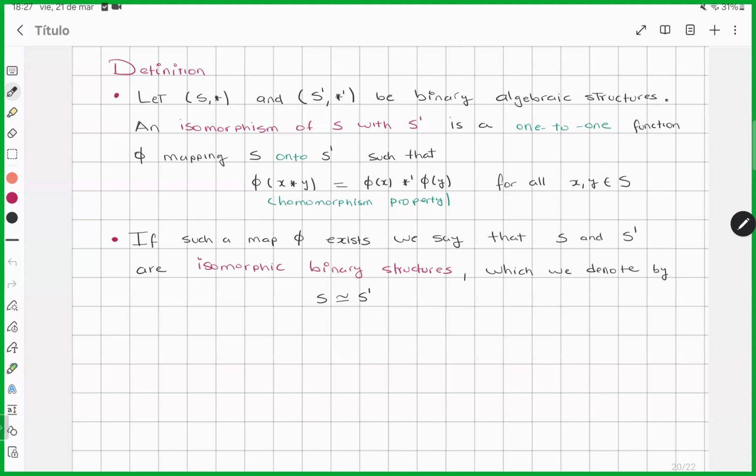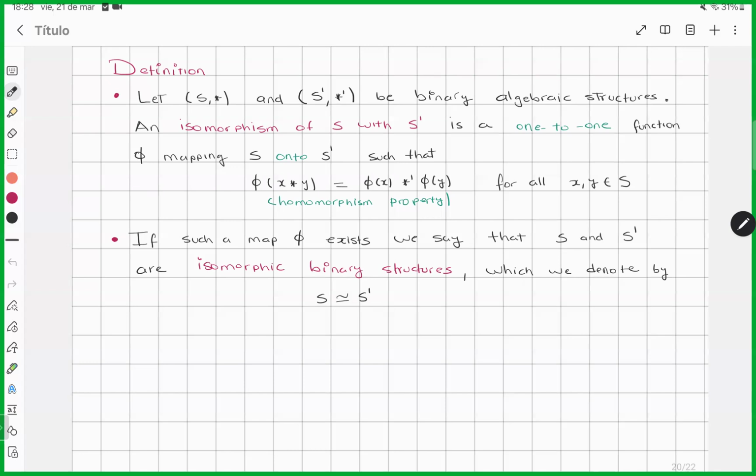elements of S. This is known as the homomorphism property, and this notion of homomorphism we will see in some future videos. Also, we have the following. If such a map phi exists, we say that S and S tilde are isomorphic binary structures, which we denote like this, where we omit the binary operations.